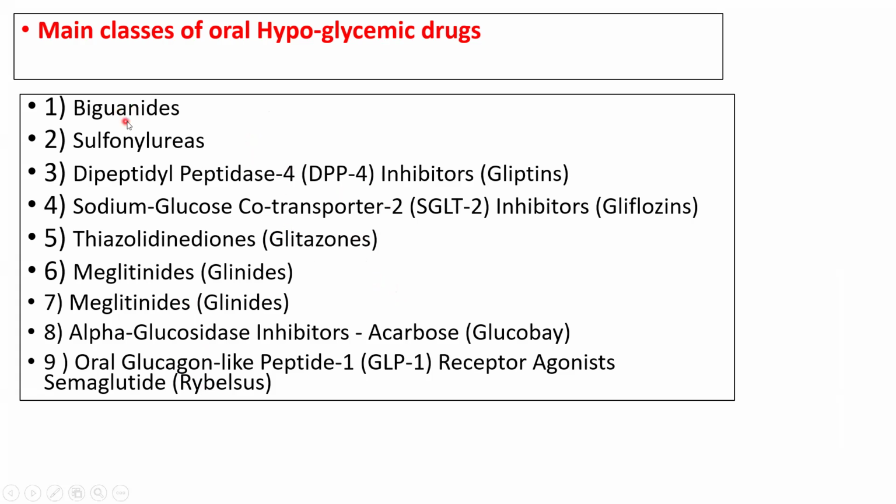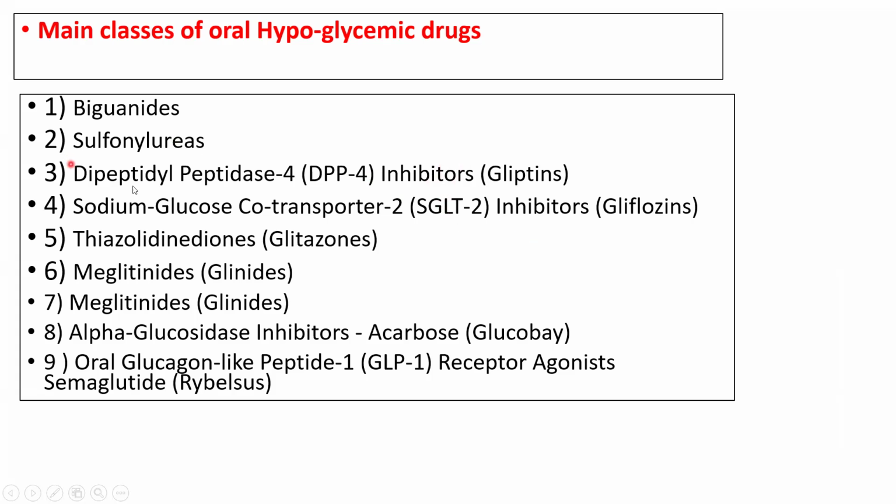In this slide, you only remember biguanide and sulfonylurea. The next medicine is DPP4 inhibitors. Then there is SGLT2 inhibitors. The second is also an inhibitor medicine. First is DPP4 inhibitor, second is SGLT2 inhibitor. Try to remember these names.